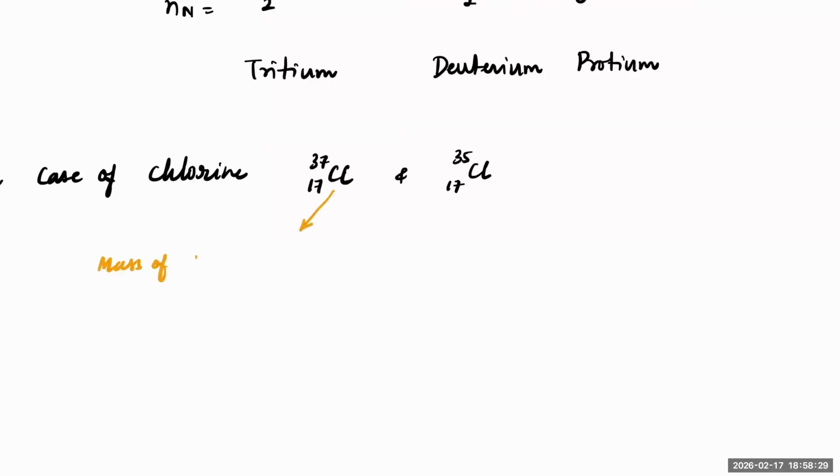Likewise, if I tell you that this is the mass of chlorine-37, it is how much? 37 u. Similarly, mass of chlorine-35 is 35 u, isn't it? This is the mass. Okay.